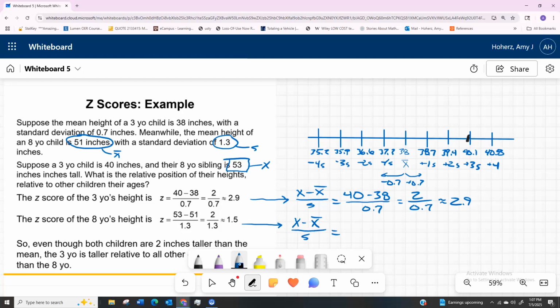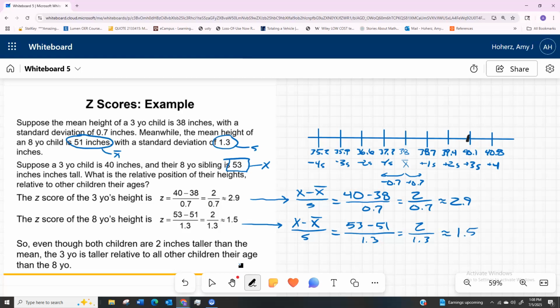The x is 53 inches, the x bar is 51, and then we divide that by 1.3, because for 8-year-olds, the standard deviation is 1.3. So in this case, the sibling was still 2 inches above average, but if you divide that by 1.3, you only get 1.5 when you round it. It doesn't come out to be exactly 1.5.